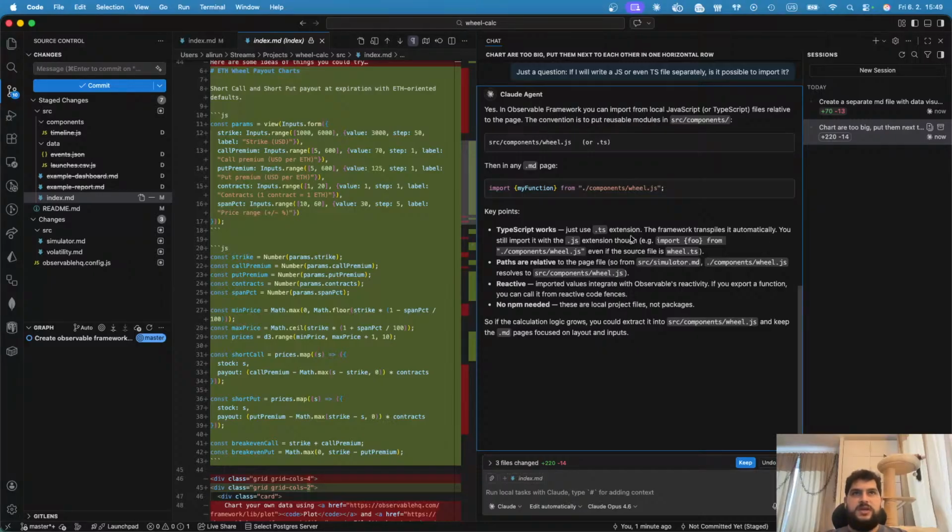TypeScript works, just use the TS extension. The framework transpiles it automatically. You can still import with the JS extension. Okay.